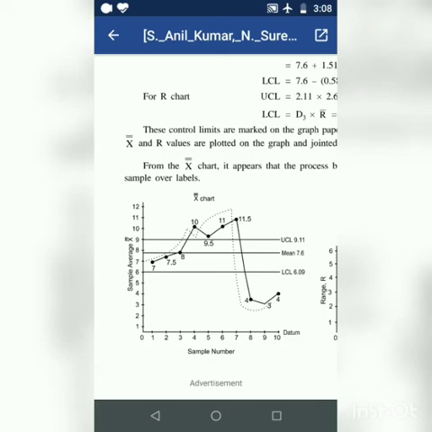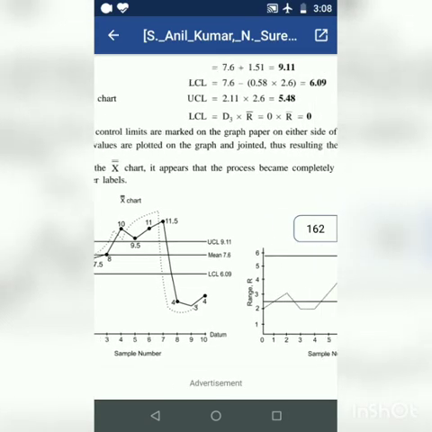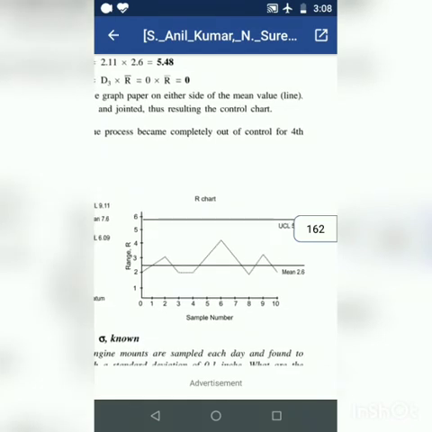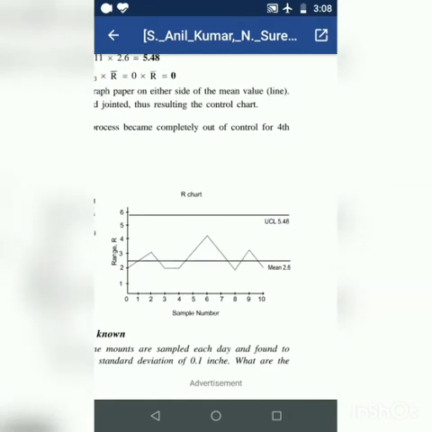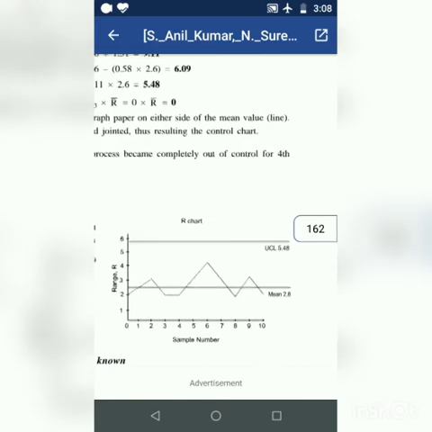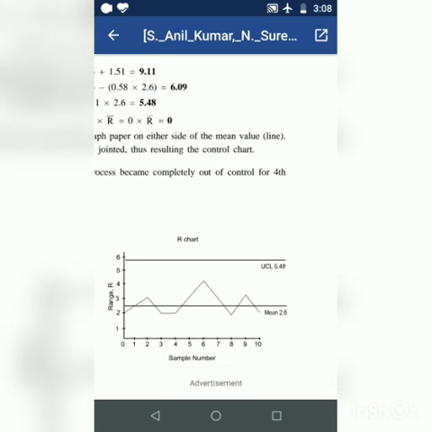After this, similarly we can also look at the range chart. The range chart is also drawn on the graph in the same way. First we are supposed to mark the upper control line and the lower control line of the range chart.